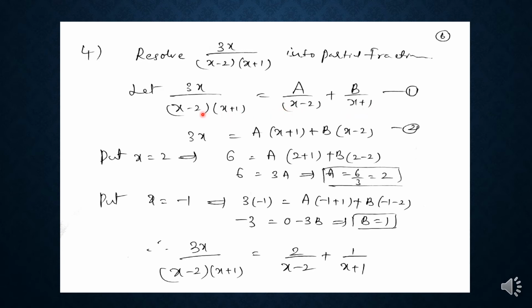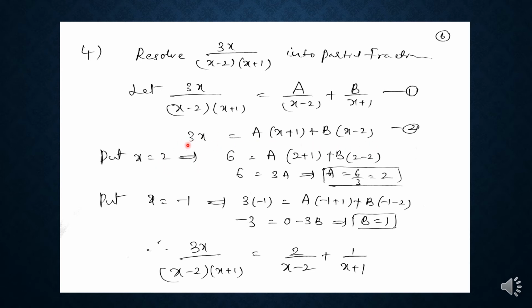So here the denominators are equal, so we can cancel the denominators and equate the numerators. That is 3x is equal to a into x plus 1 plus b into x minus 2. To get the values of a and b here, put x is equal to 2 in the equation.